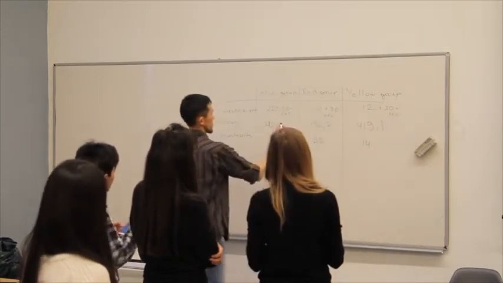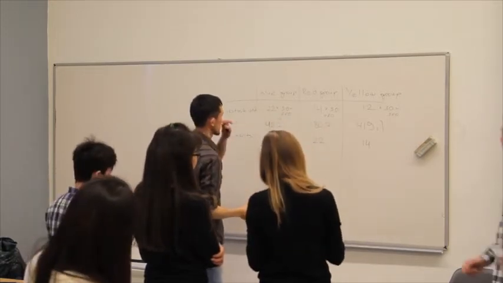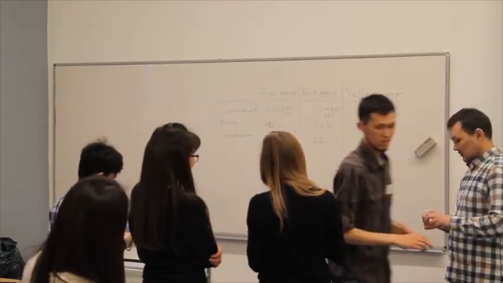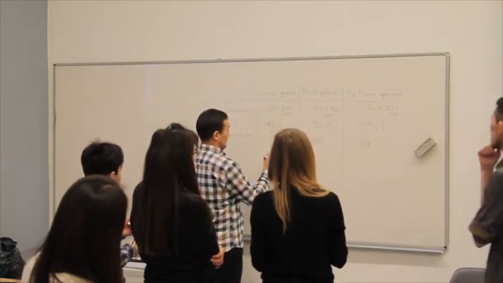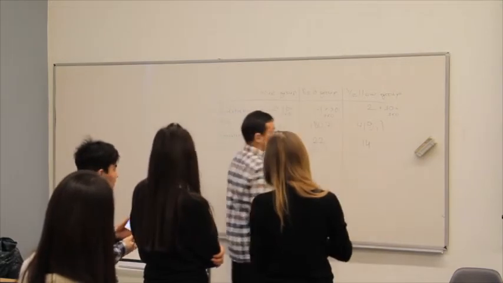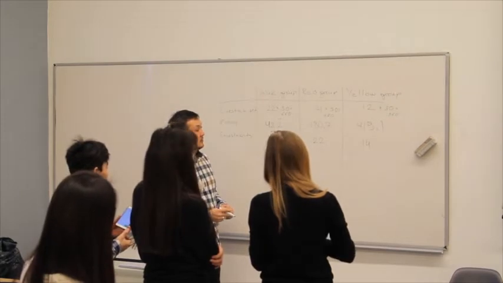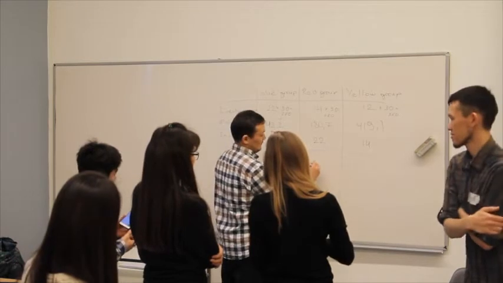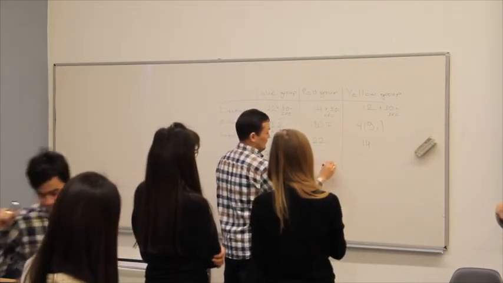Now let's calculate. Plus 42. 717. And this one 420 plus 180.7 and plus 22, 622.7.